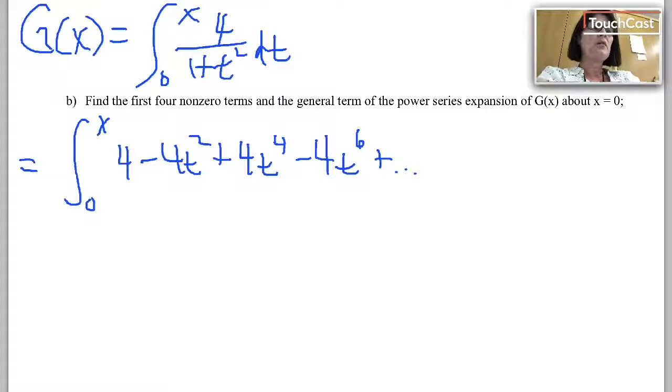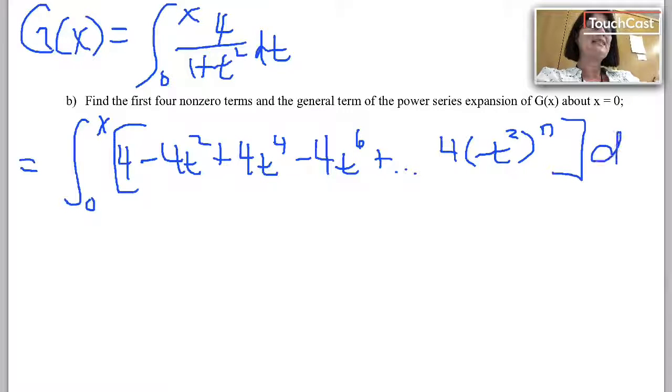We wrote 4 times negative t squared to the n. Technically that all needs to go inside some kind of big grouping symbol with a dt here. And I can integrate this polynomial term by term. Technically there are infinitely many terms in this polynomial, but that's why I've only been asked to write the first 4 terms and the general term.